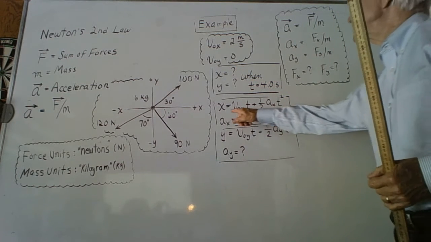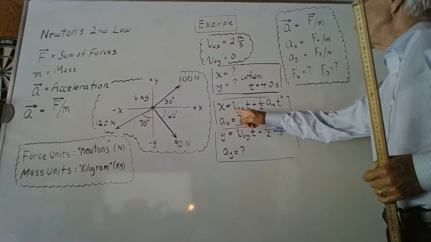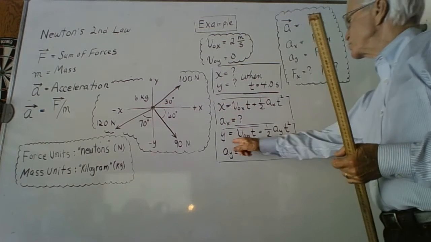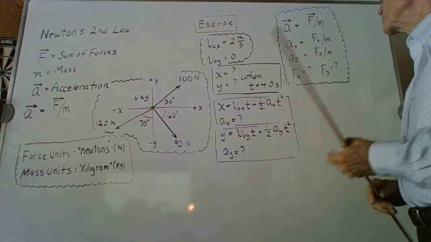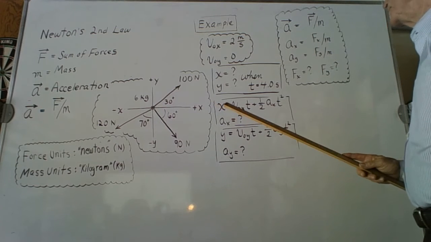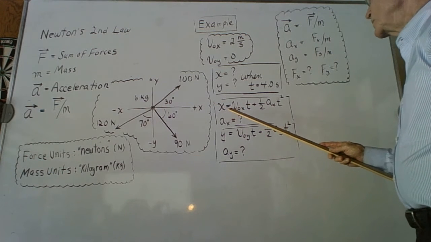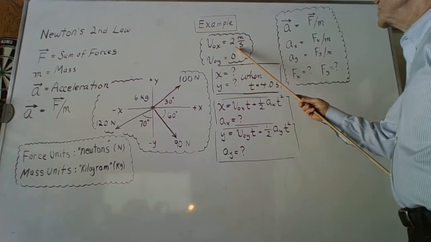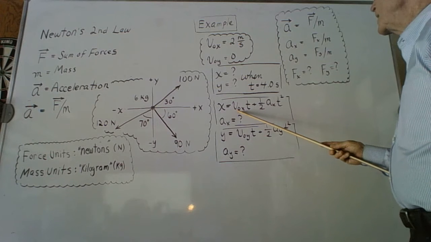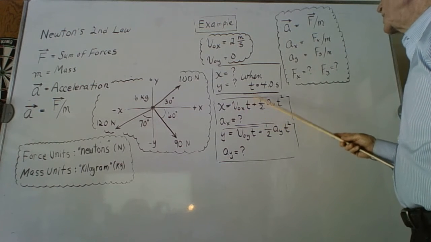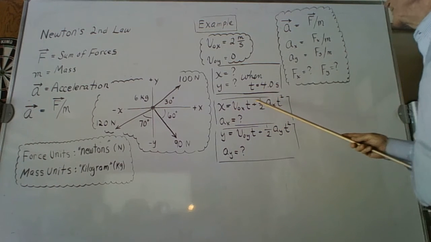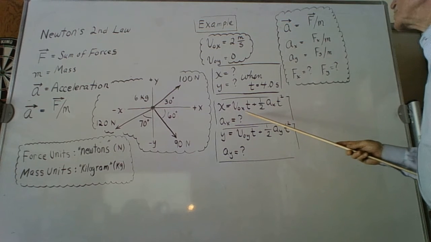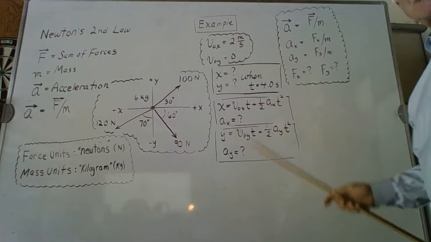Well, you've seen the x equation in the past and the y equation, so I have nothing more to say about it. We can find the value of x if we know what v naught x is, and we do, it's 2, and if we know what t is, and we do, it's 4 seconds. But we don't know a sub x. This will take some work.